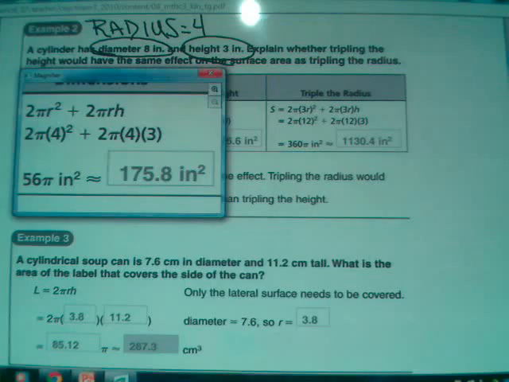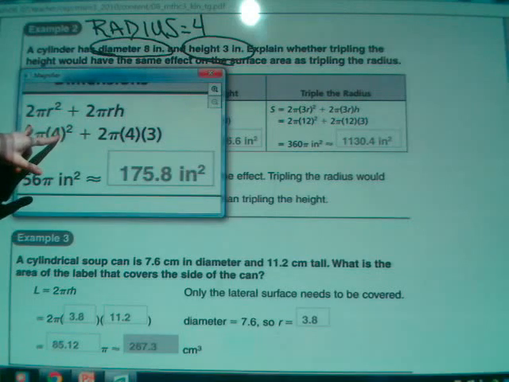We plug in our numbers: 2 pi r squared plus 2 pi r h. We're going to change our r's into 4s and our h's into 3s. So it's 2 pi times 4 squared plus 2 pi times 4 times 3. And now it's a matter of simplifying.